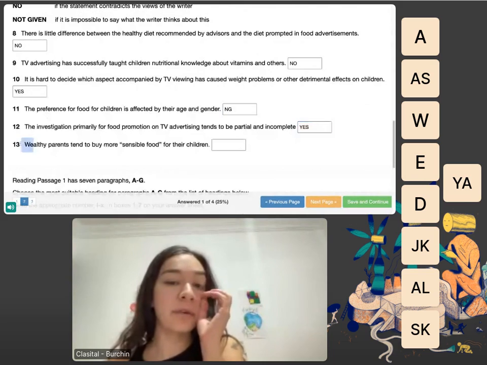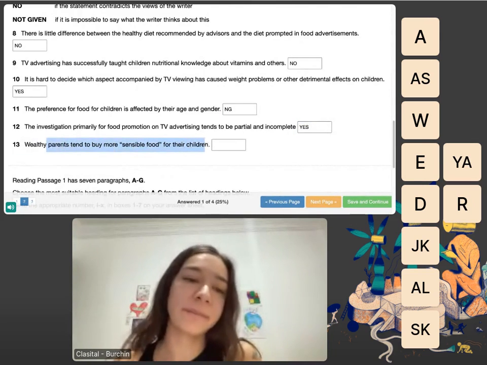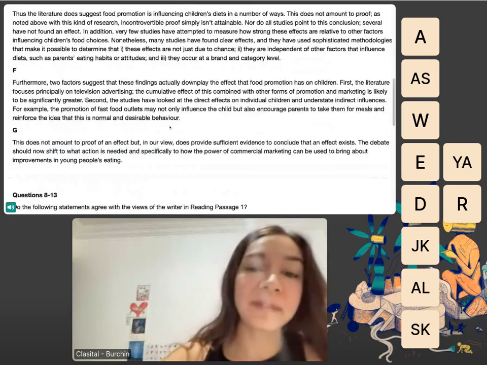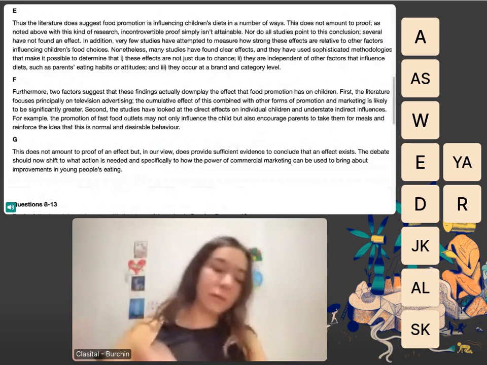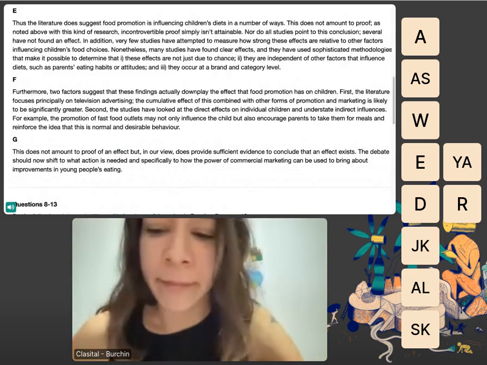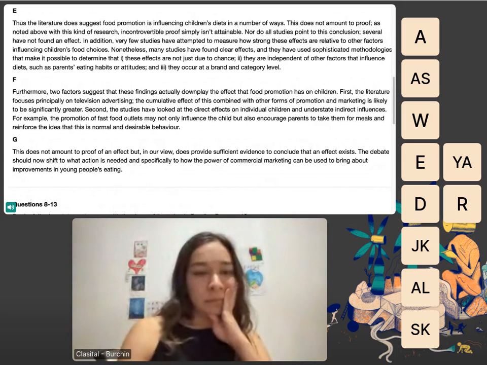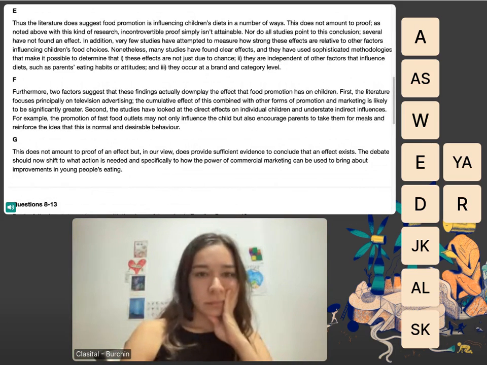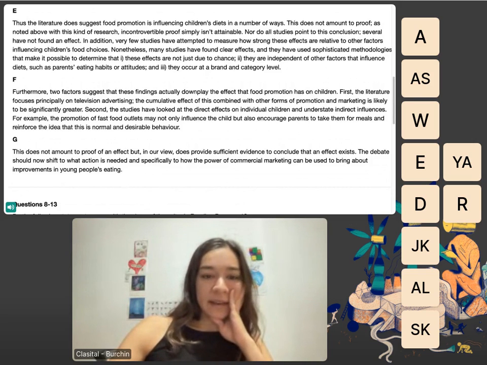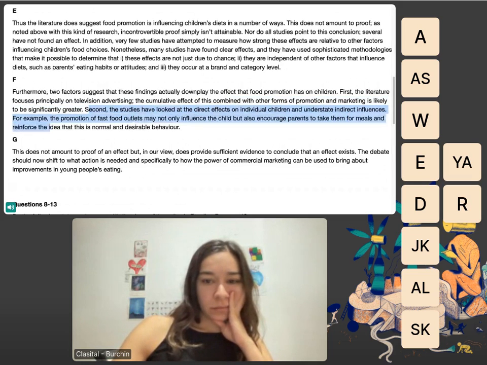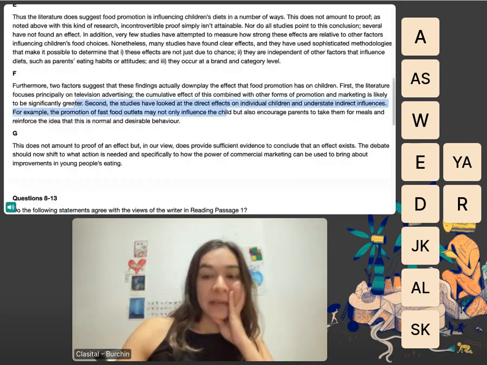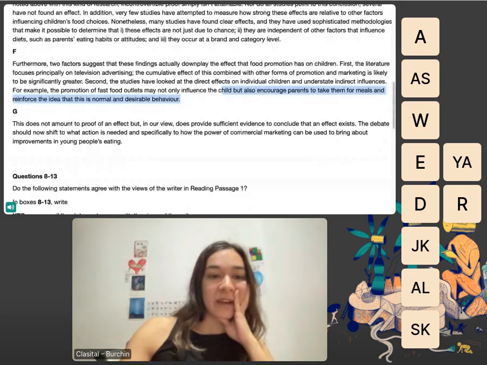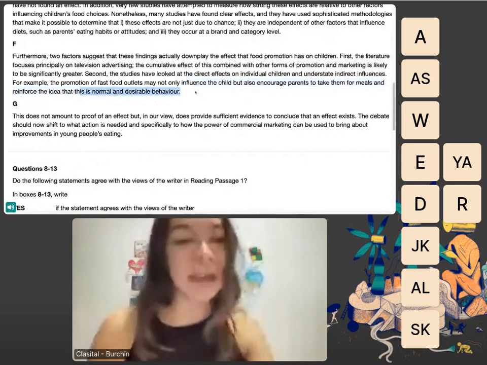Wealthy parents tend to buy more sensible food for their children. I am between two things too. But do you see anything about the wealthy parents? See, in here they're saying, for example, the promotion of fast food outlets may not only influence the child but also encourage parents to take them for meals and reinforce the idea that this is normal and desirable behavior.